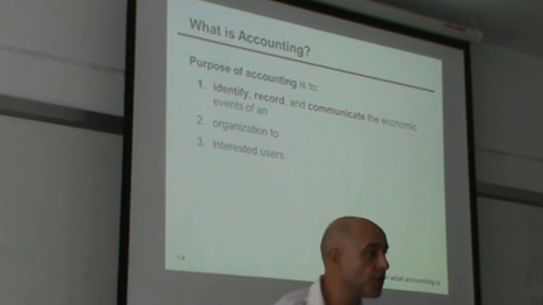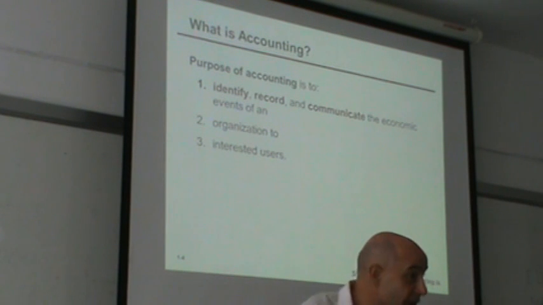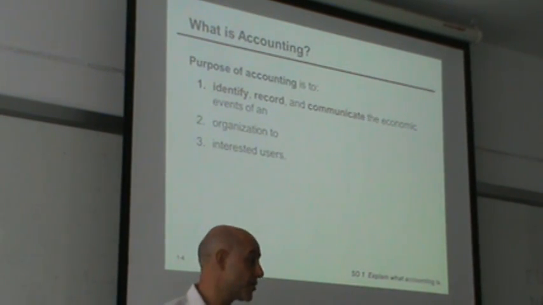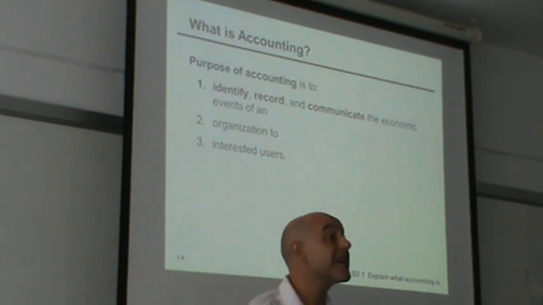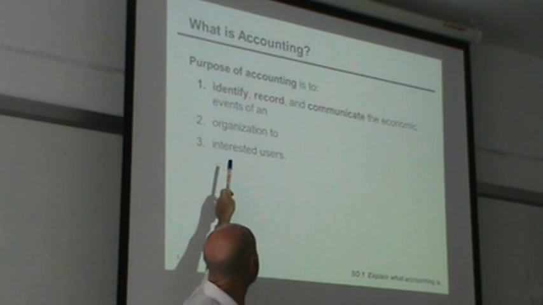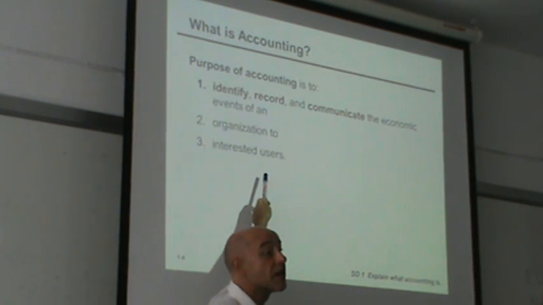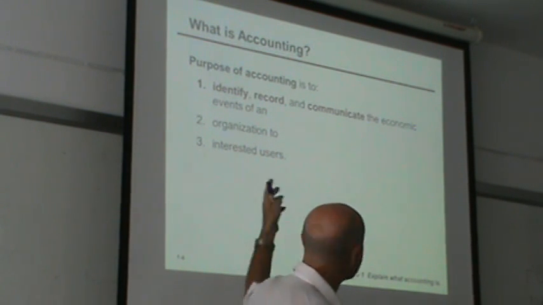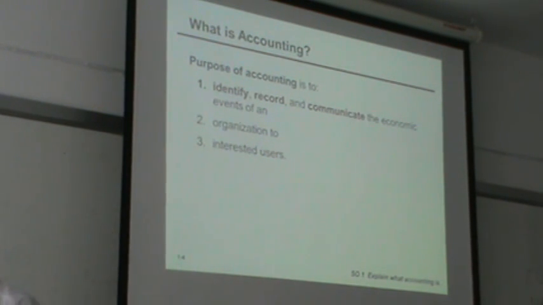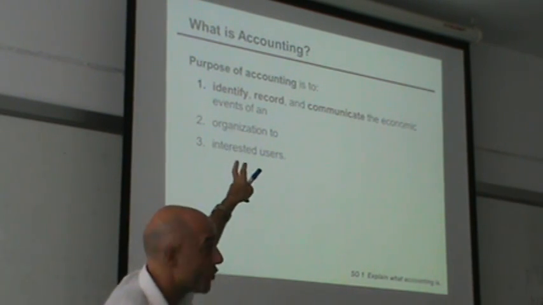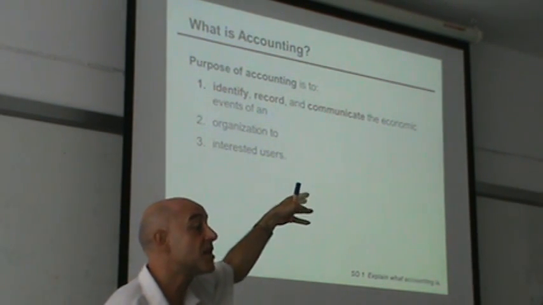The organization could be a coffee shop, it could be university, it could be a restaurant, could be a hotel, could be business, right? And you report it to interested users, okay? And now we get to the users in a minute.